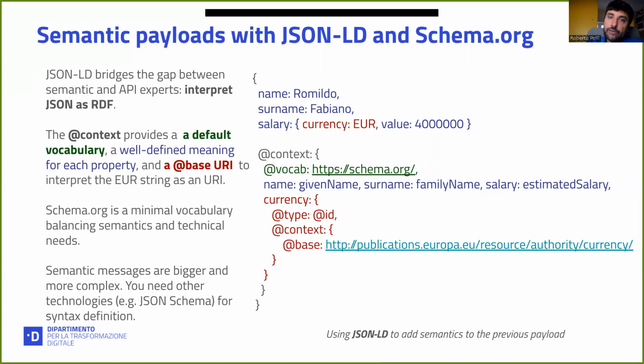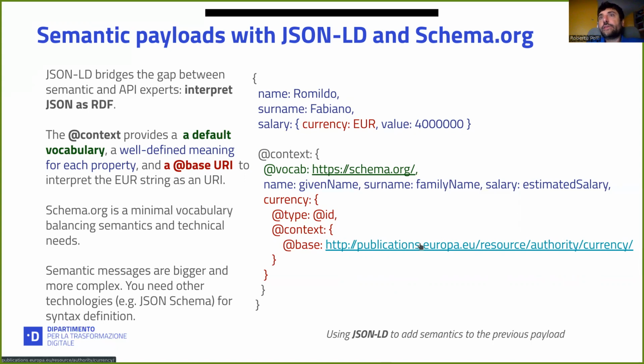For example, name is mapped to the schema.org givenName ontological property. And we can even add a base URI so that the euro currency string here can be interpreted as a URI using this base.